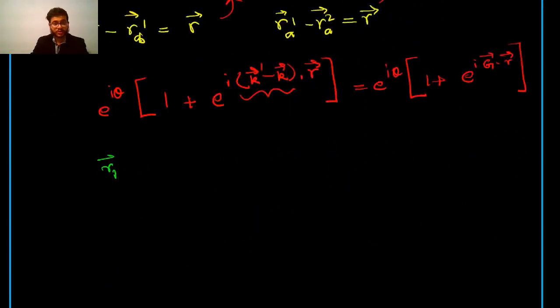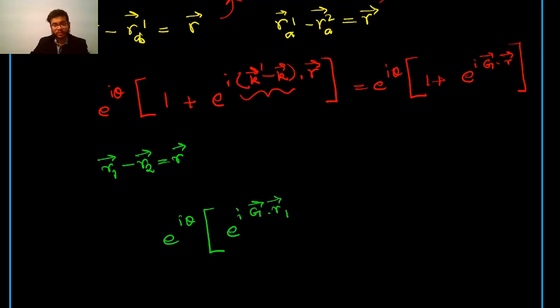So we also know R1 minus R2 is R. So we can also write it as e to the power i theta into e to the power iG dot R1 plus e to the power iG dot R2. That can also be written in this form. So this is the thing we need.